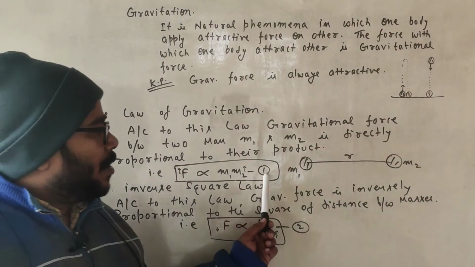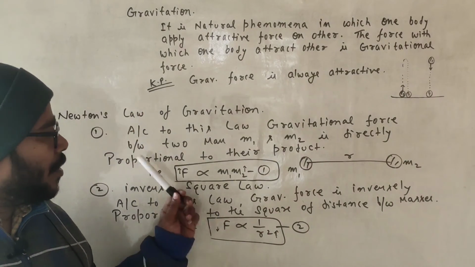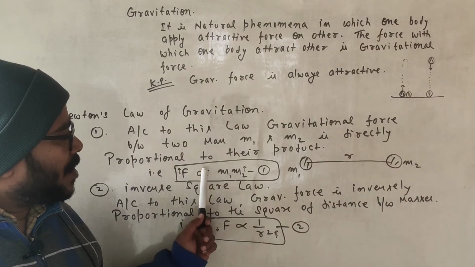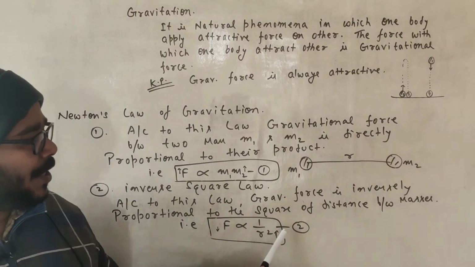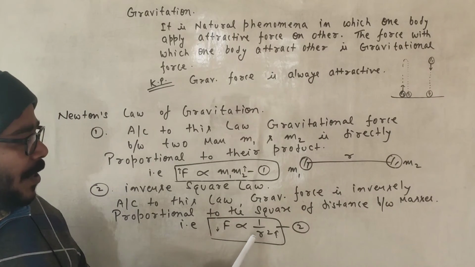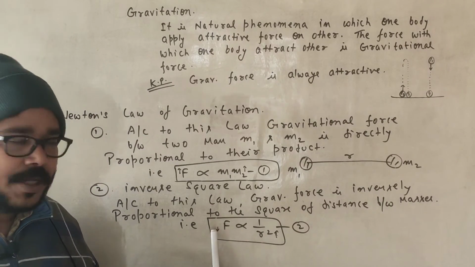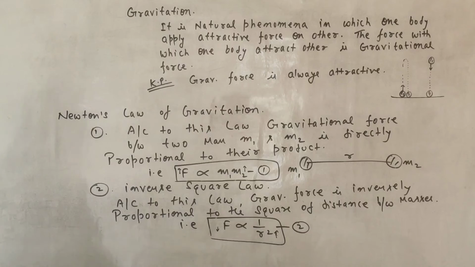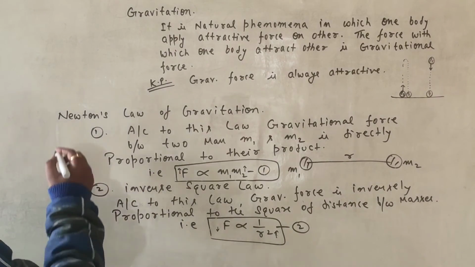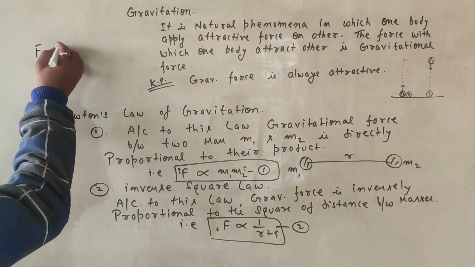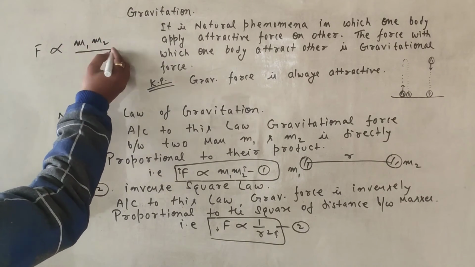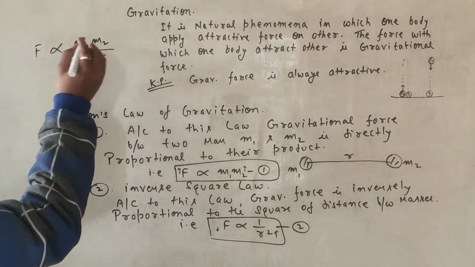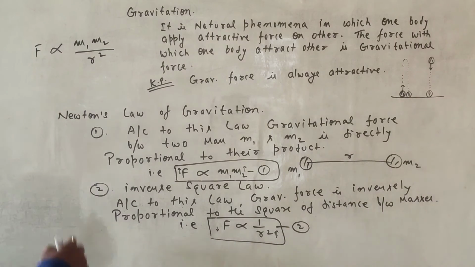In the first law, Newton described the effect of mass on the gravitational force. The second law described the effect of distance on the gravitational force. If we combine both, we get F is directly proportional to m1 m2, inversely proportional to the square of distance.